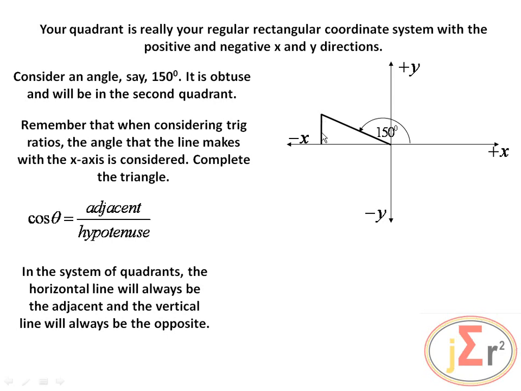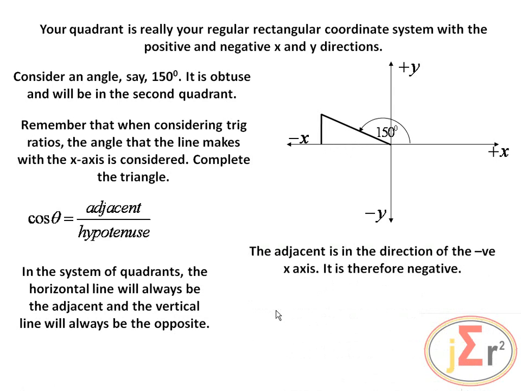That is because when we are talking about the particulars of the trig ratios, we usually use the acute angle that the line makes with the horizontal axis. And that is why all the time the vertical line will always be the opposite and the horizontal line will always be the adjacent.